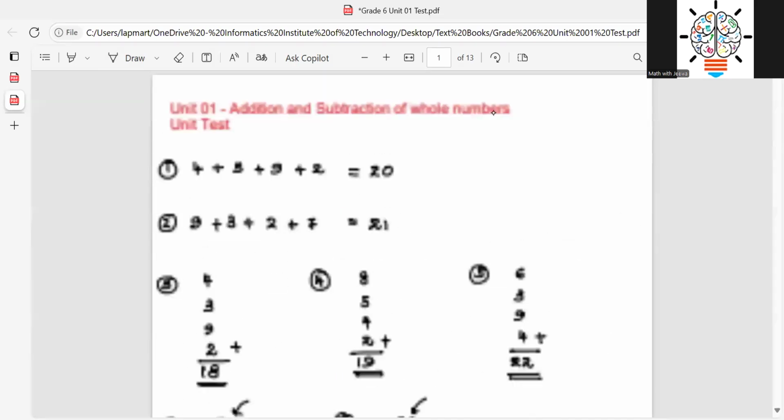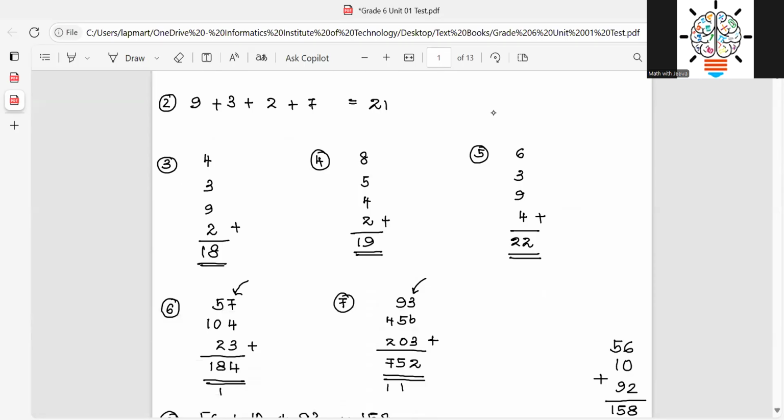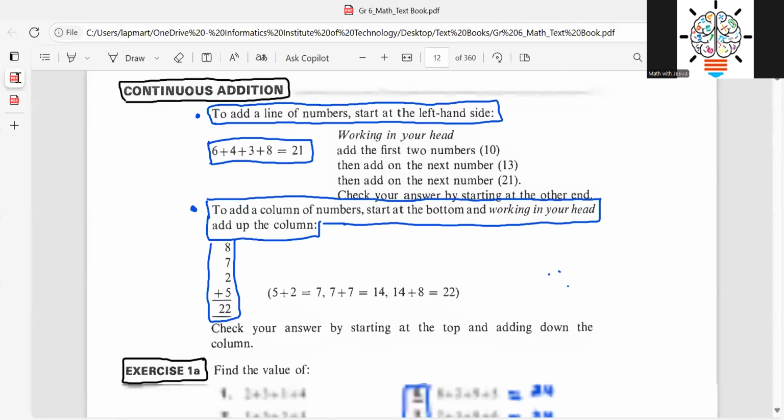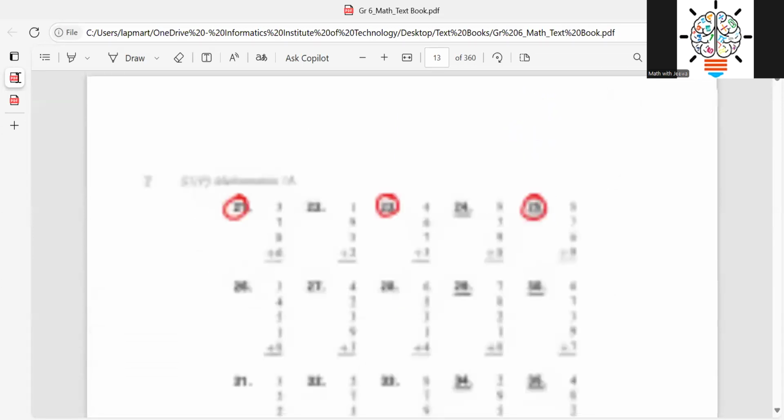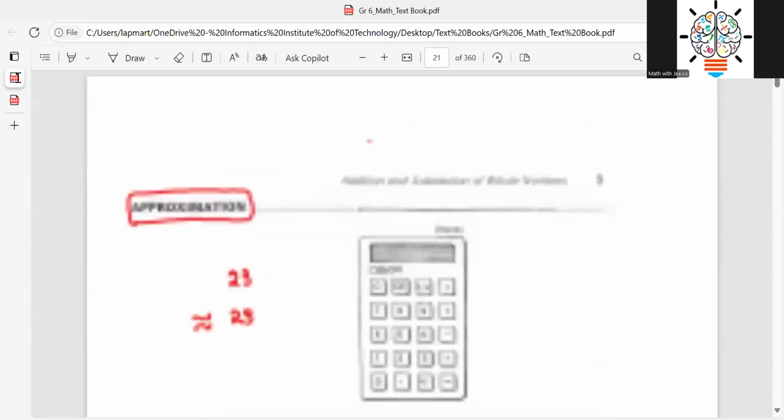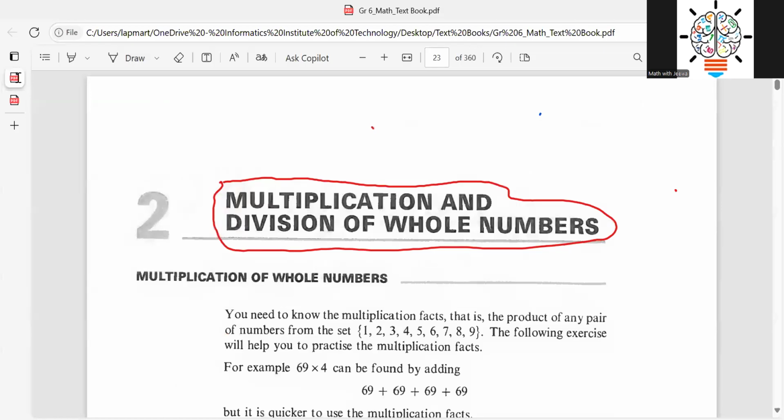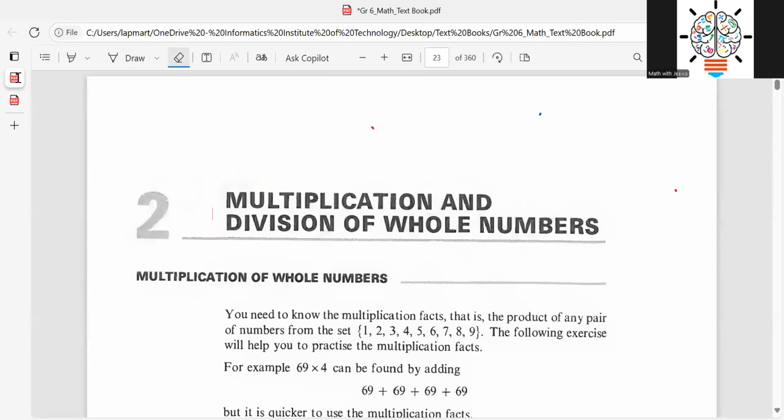Okay. So children, go through one more time. Try to understand what I have given here. So learn the concept, because tomorrow we want to start the new topic. So what it is, the unit 2, multiplication and division of whole numbers. Before we start this, by any chance, you just evaluate yourself.